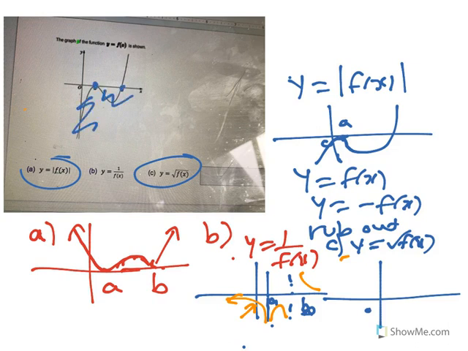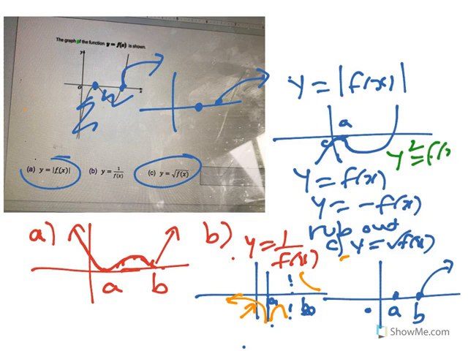You can have 0, and this one gets flattened, so it actually ends up being a dot, and a dot, and it ends up being like that. So it's like that at B, and a dot at A. Now if you were then further asked to sketch y squared equals f of x, you would keep the dot, and you would just reflect that in the x-axis.